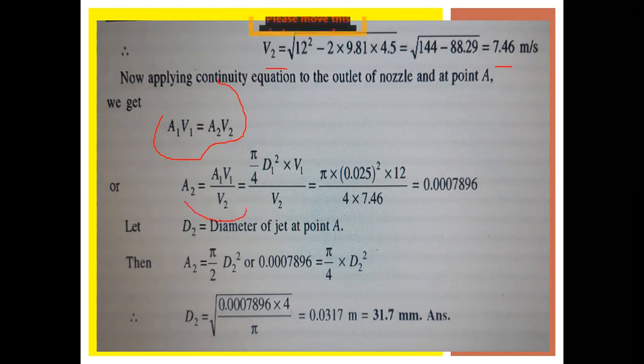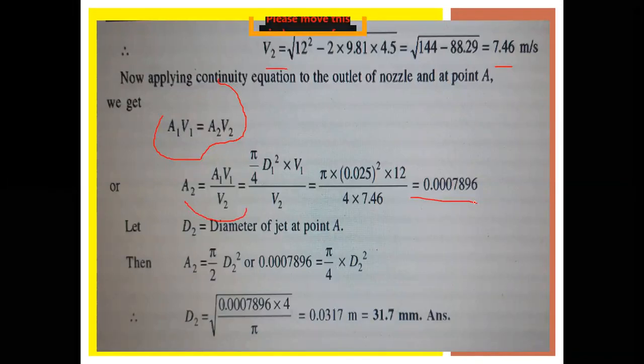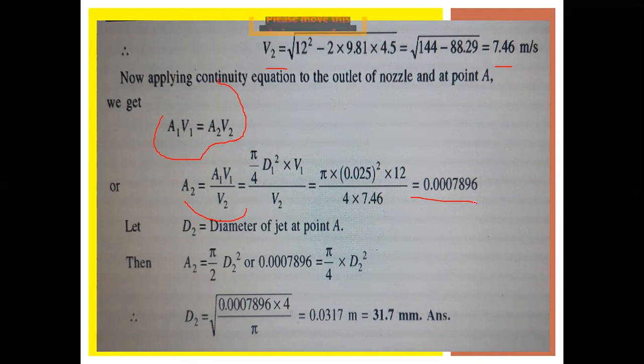Substituting here, you get 0.007896. Now let D2 be the diameter of the jet at point A. Therefore A2 equals pi by 4 D2 squared, and the value is D2 equals 31.7 mm.